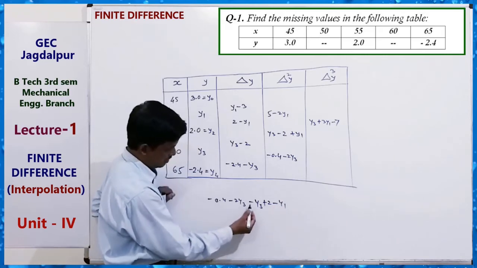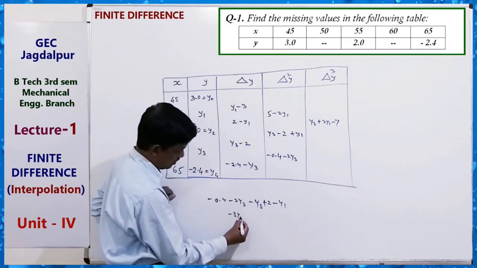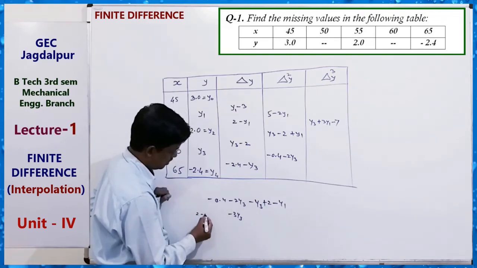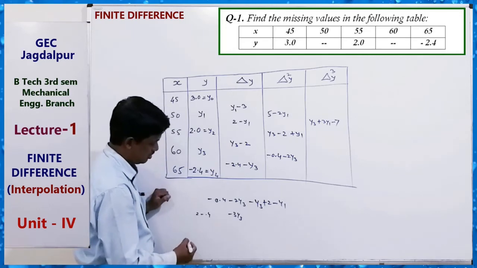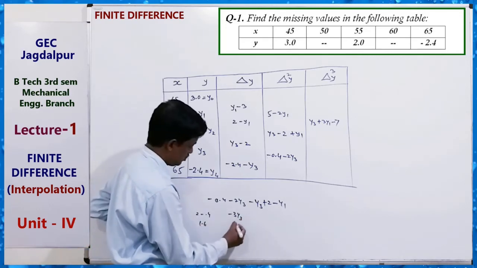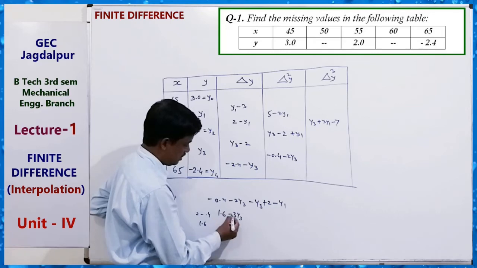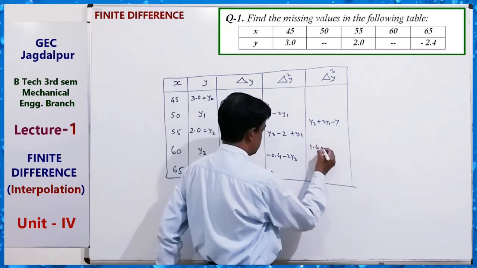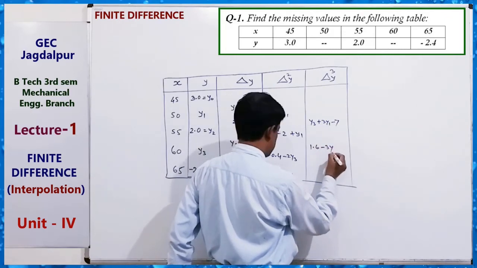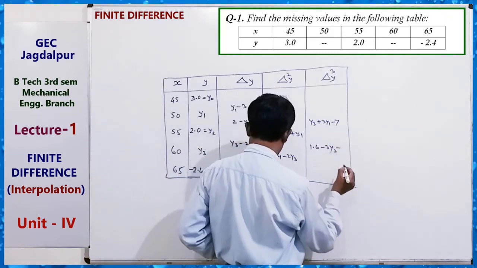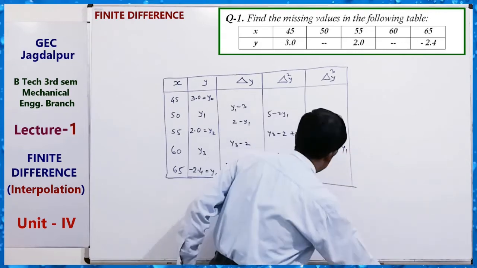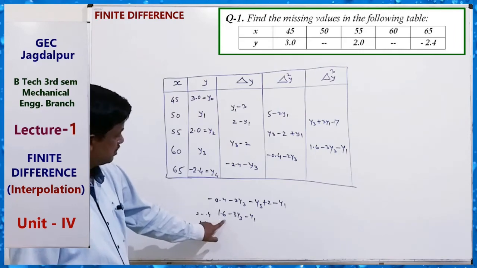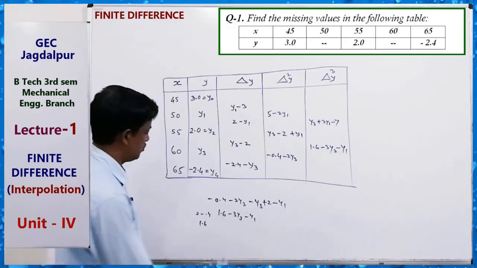So here we can write y3 minus 3y3, and 2 minus 0.4 means 1.6. So it is 1.6 minus 3y3 minus y1. Clear? Yes. 1.6 minus 3y3 minus y1.